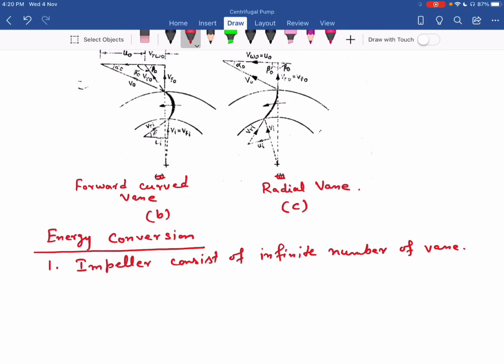This is because the water is guided through the vanes smoothly. If the water is guided through the vanes smoothly, then we can assume we have an infinite number of vanes on the impeller in case of the centrifugal pump. The second assumption is no energy loss due to friction and eddy formation.